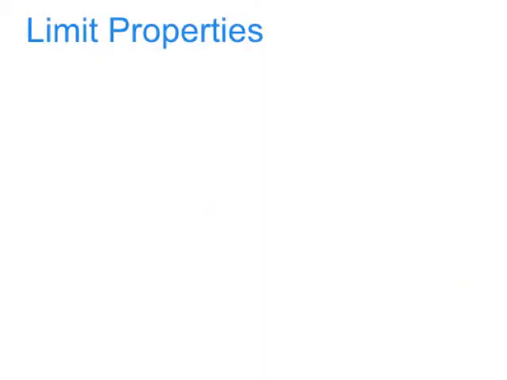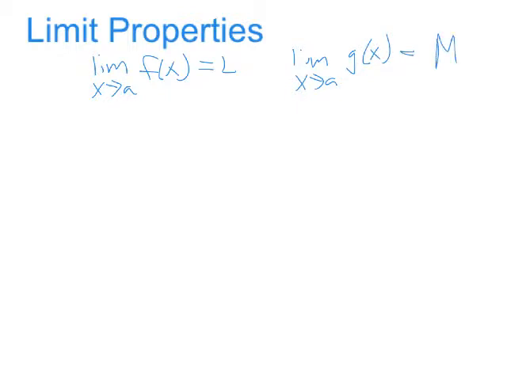Okay, before we jump into evaluating limits, we should take note of some limit properties that we might have. If we have these conditions, the limit as x goes to a of a function f exists, and we'll say it equals L, and the limit as x goes to a of a different function g exists, and we'll say it goes to m.